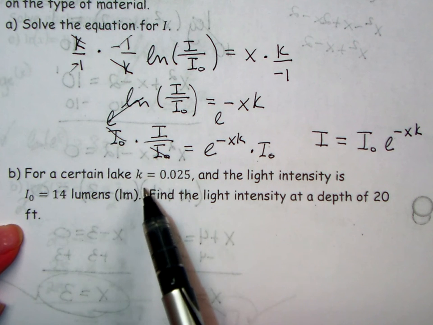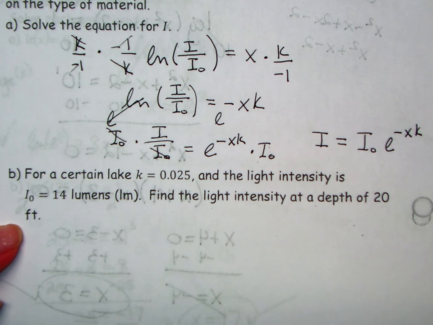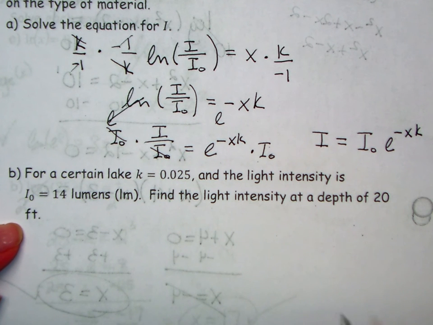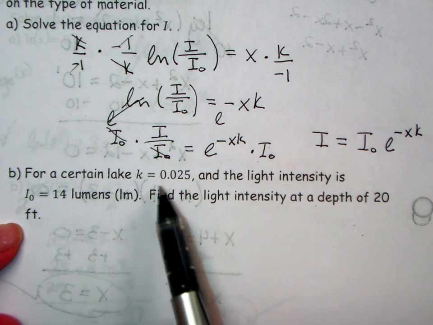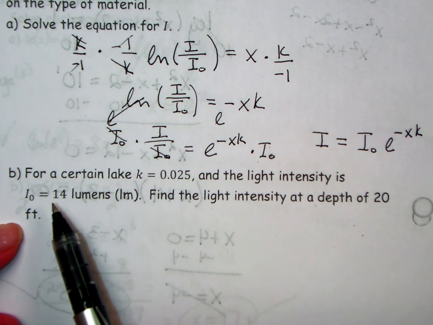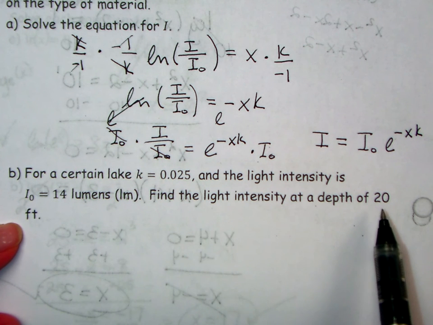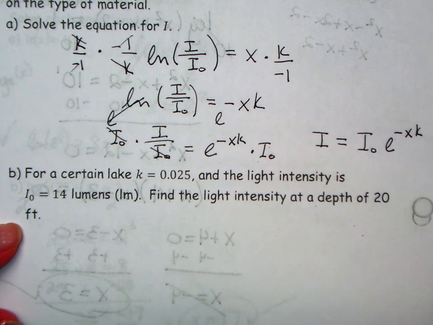I'm not sure how these constants work, if this is a fairly clear lake or a murky lake, but we can plug the numbers in regardless. We plug 0.025 in for K, 14 in for I sub 0, and 20 in for X because X represents the depth.